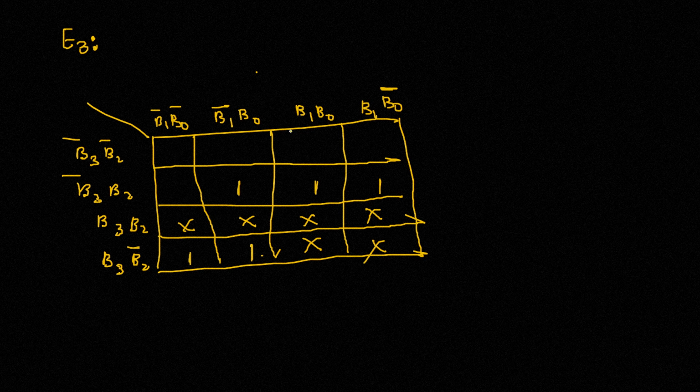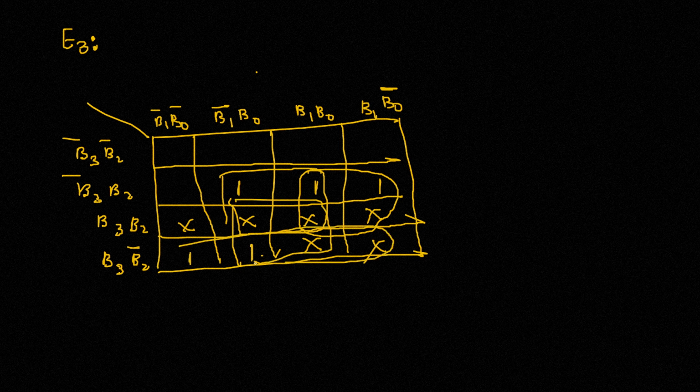So now let us group these. We can see a 4 group here, another 4 group here, and then this 4 as well. Oh wait, we can include this entire 8. So this is an 8 group. We have one group of 8 and 2 groups of 4.